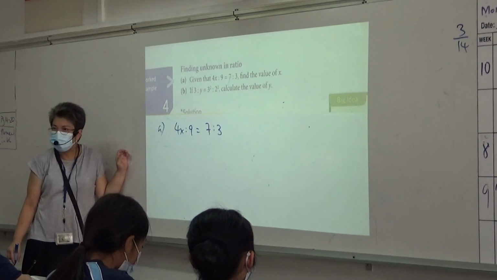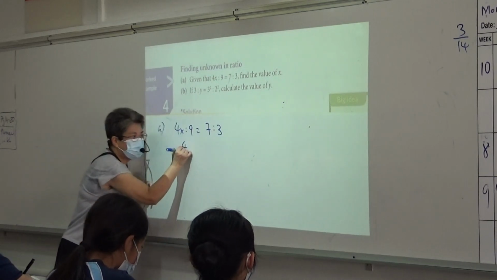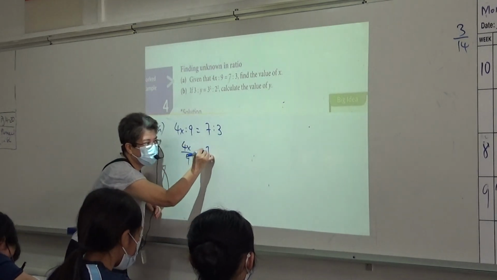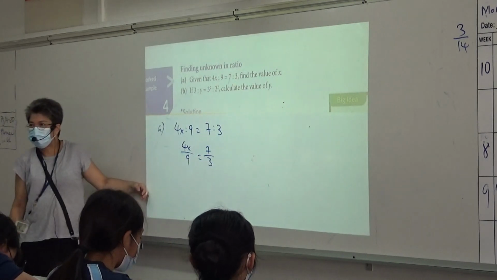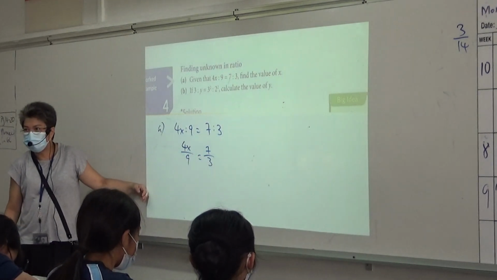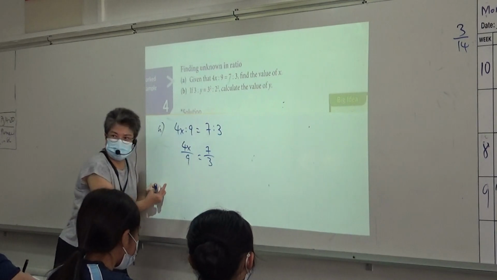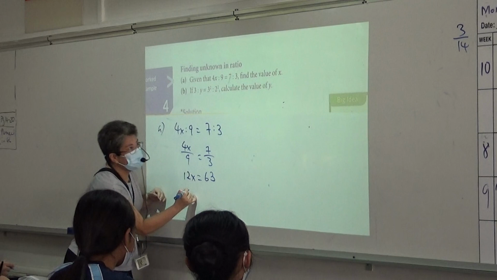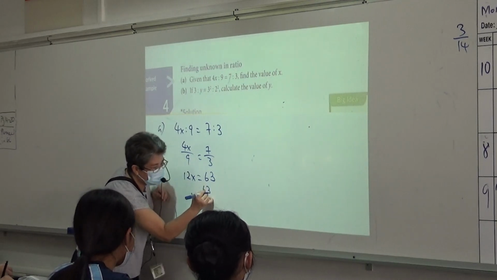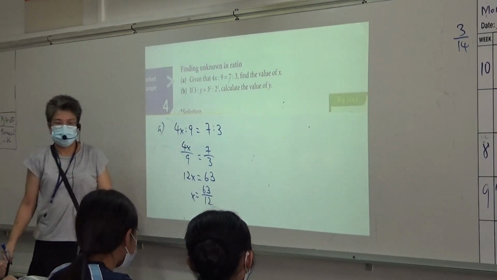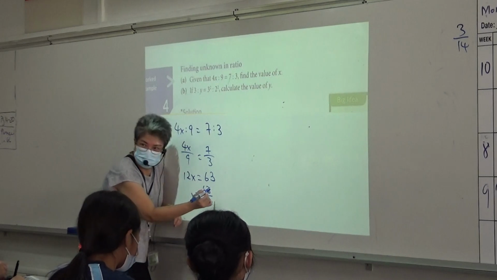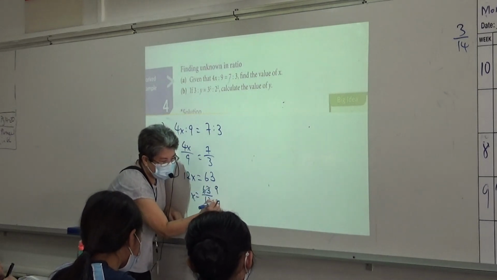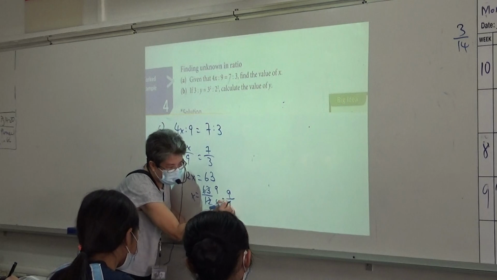It will never happen. I told you the equivalent form is like that. Now can you see that I can use cross multiplication already? What is this times this? 12x equals 63. What is your x? 63 over 12. If I divide by 3, I get 21, and divide by 3, I get 4. So this will be 9 over 4.